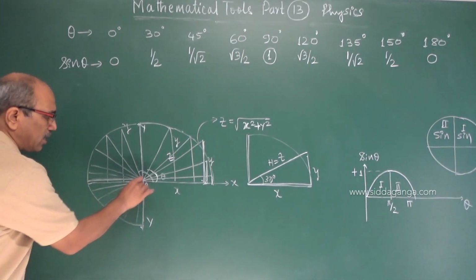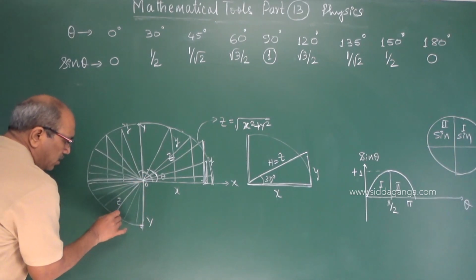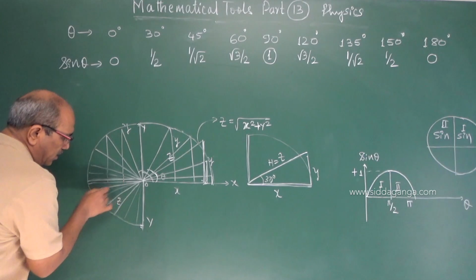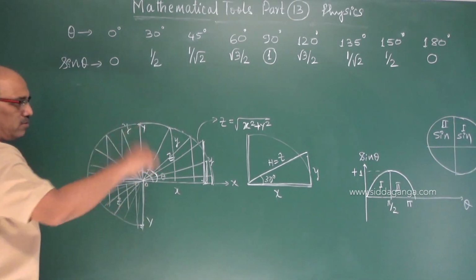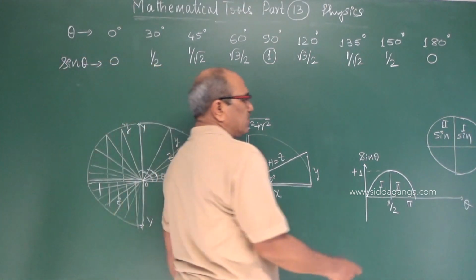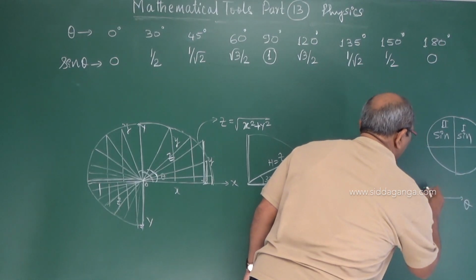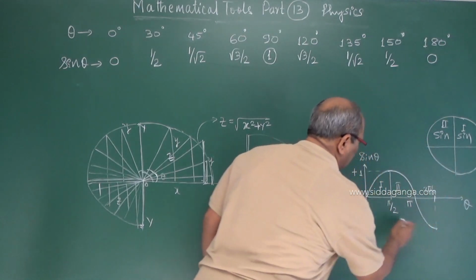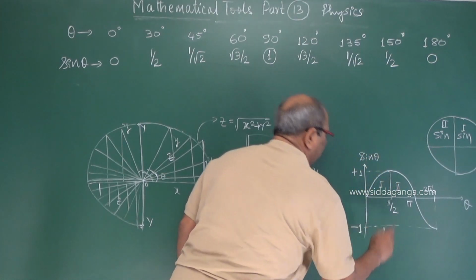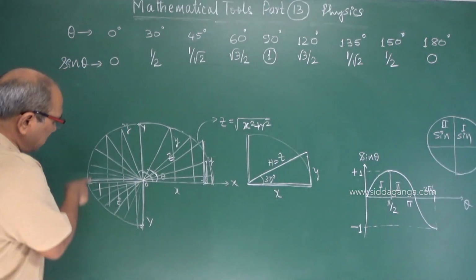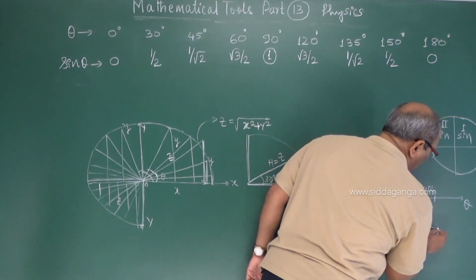And when you go, the opposite side goes on increasing and again joins with the hypotenuse. The maximum value it can reach is -1 at 3 pi by 2, 270 degrees. If I show it here, there you get -1. The curve will be like this. That is what we have shown here, 180 to 270 degrees.